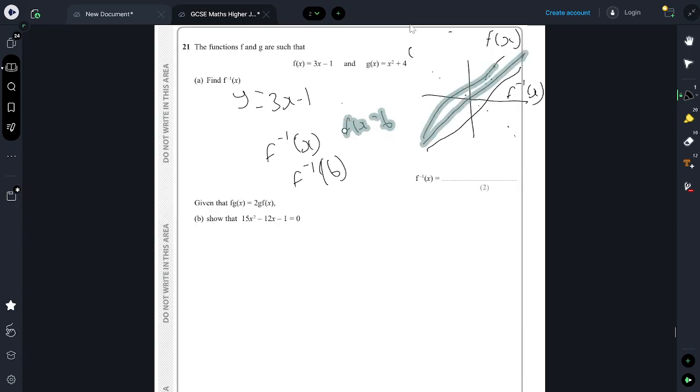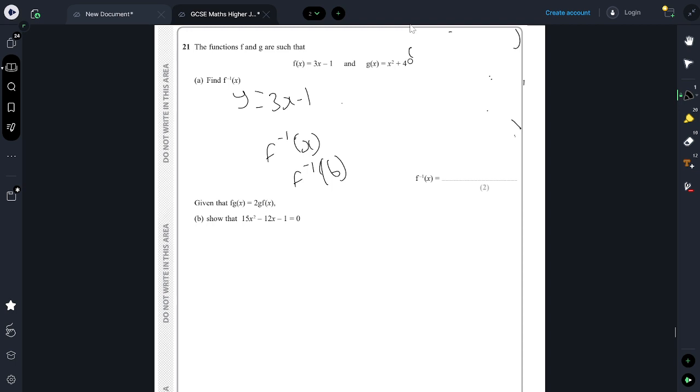And that's the geometry of what's going on here. If that confused you, I do apologise. You don't have to know any of that. But what you need to know is you flip the y and the x positions. The reason you're flipping them is because you're reflecting in the line y is x.